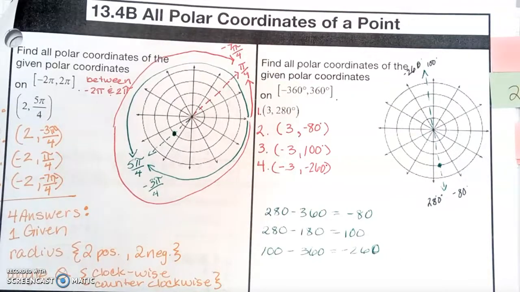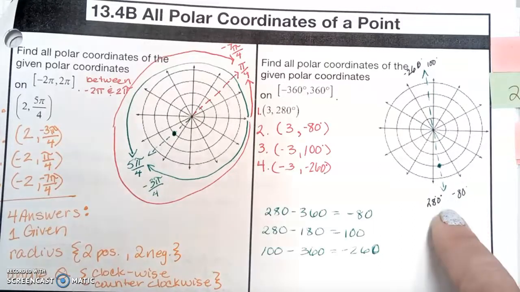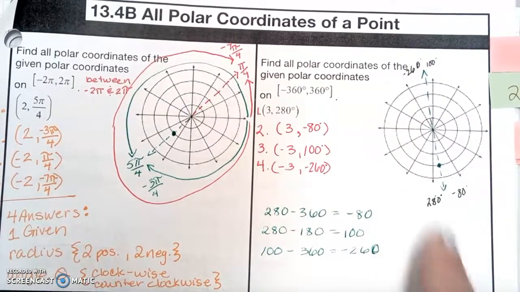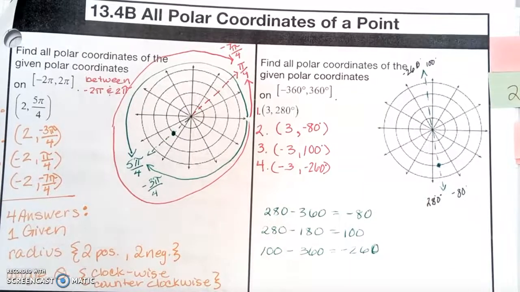So we go on our little unit circle, and 280 is not on there, right? But we can figure out where 280 should be. It should be a little bit past the 270 and before the 300, right? Everybody see that? So I, again, drew it in, and just go ahead and draw it all the way across, because you're going to need both of those.